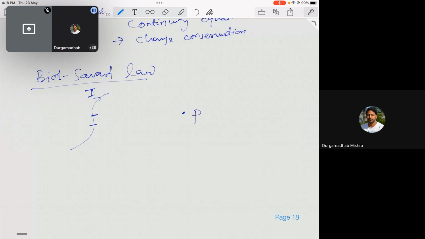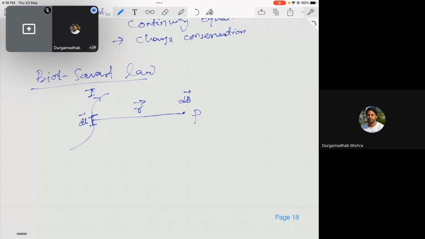So the starting point is, normally you define a small element dl, and first calculate the small magnetic field due to this current-carrying element at point P. Let's say this is the R vector.